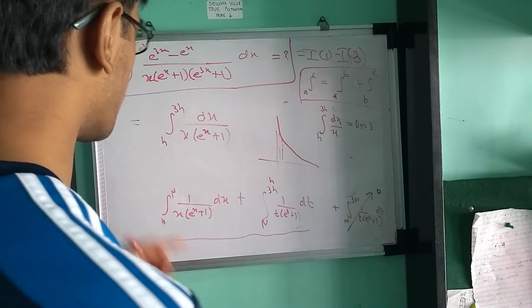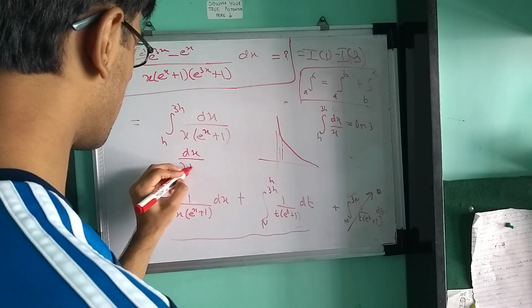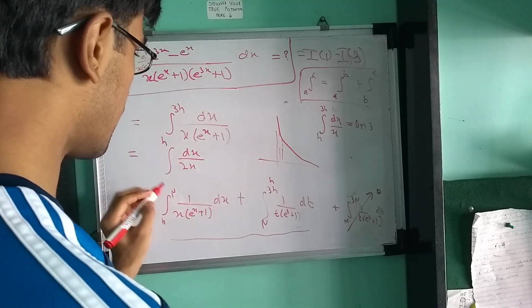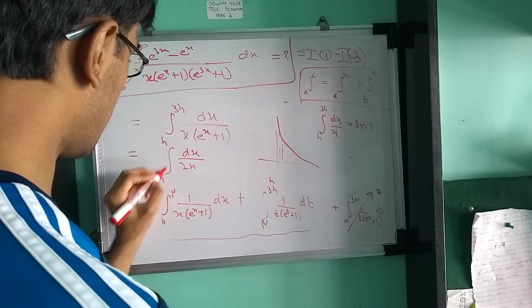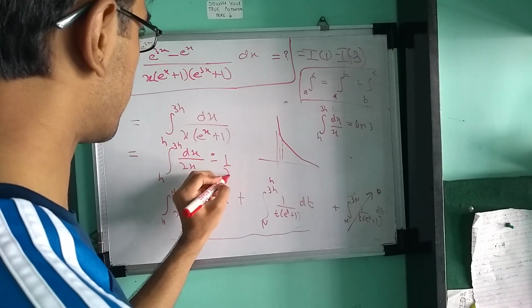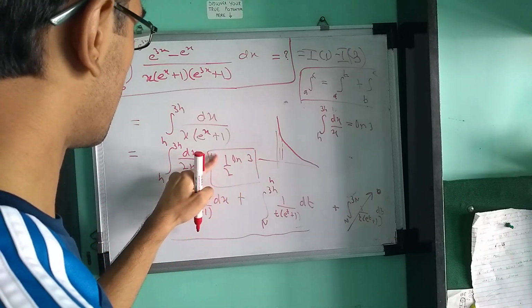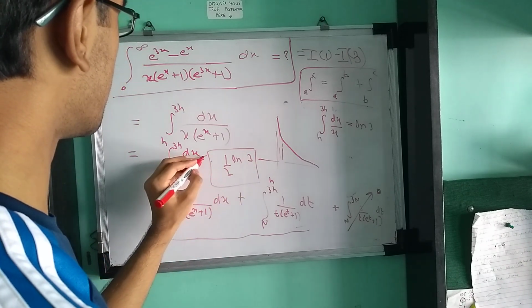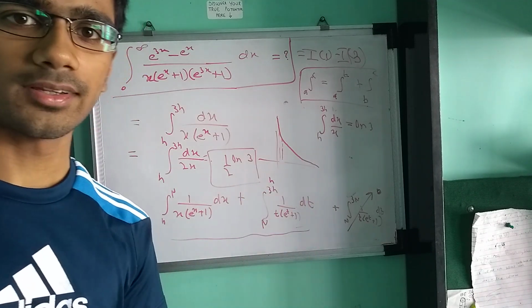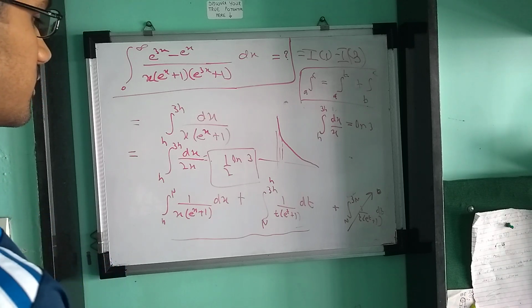It tends to 1. So if I write that as 1, I'll get the integral equal to dx by 2x from h to 3h, which is nothing but half of ln 3. So there you go. This method only requires very basic knowledge of integration, but you can solve this question using that.